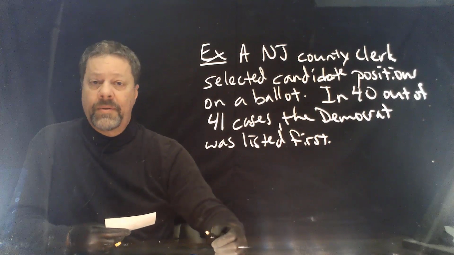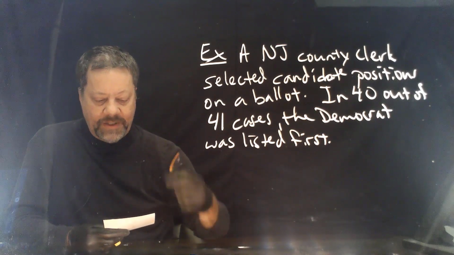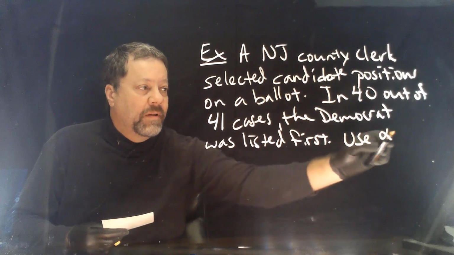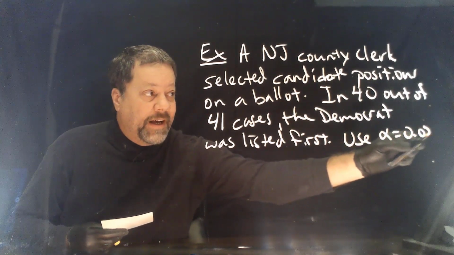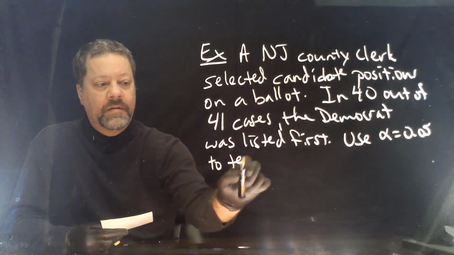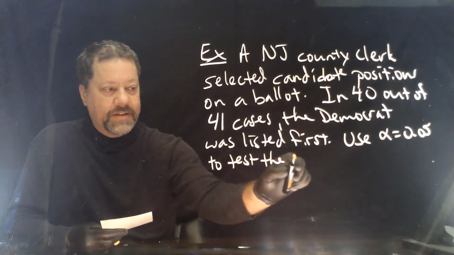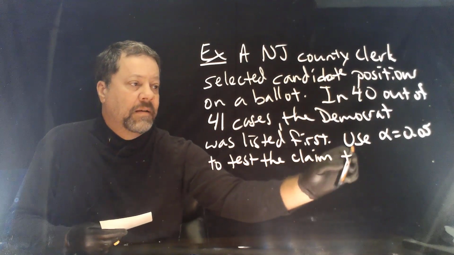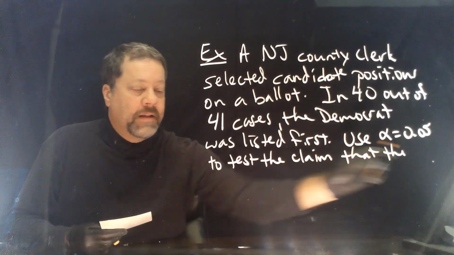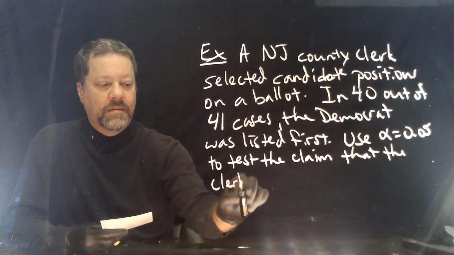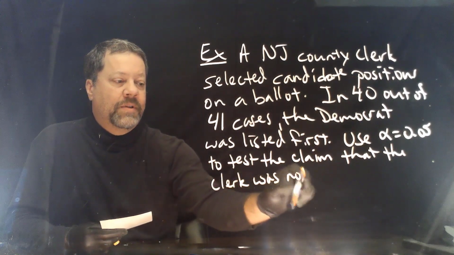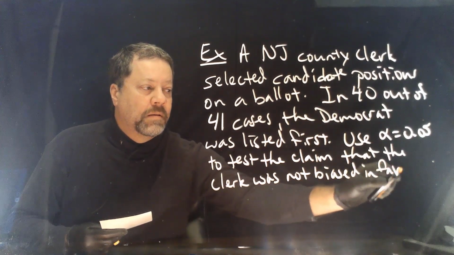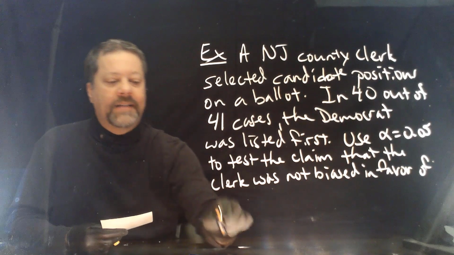The clerk was supposed to use an unbiased random selection method. Use alpha equals 0.05 to test the claim that the clerk was not biased in favor of Democrats.